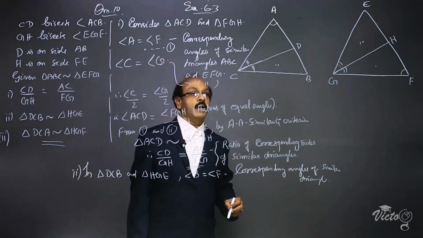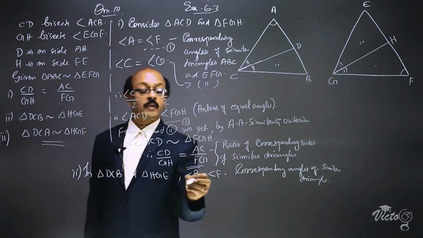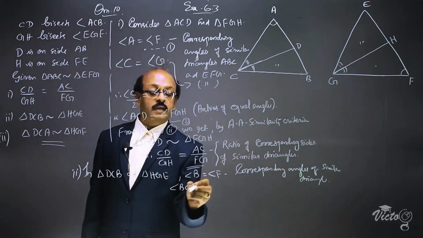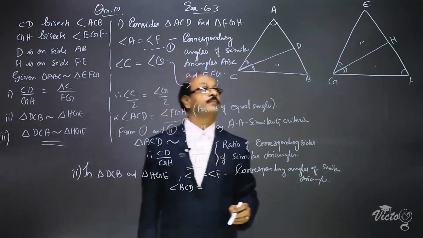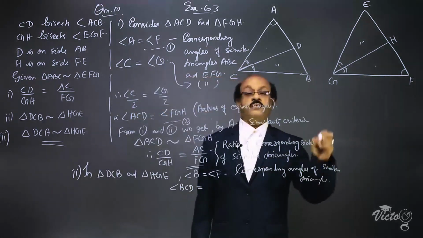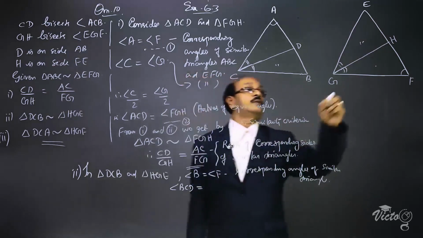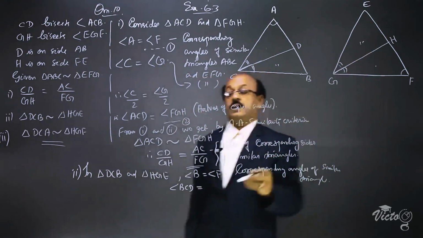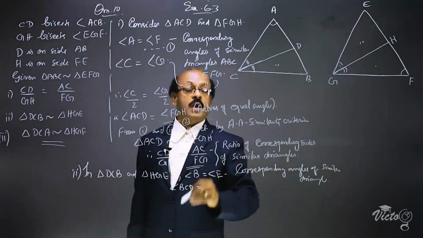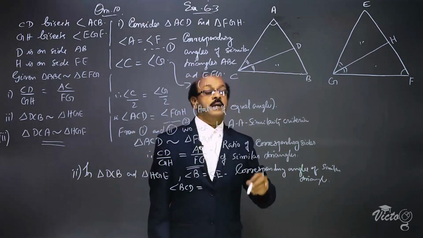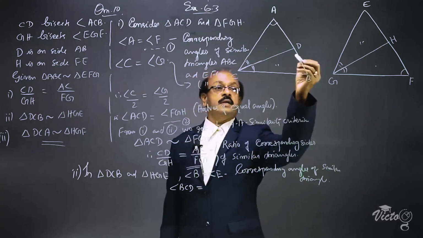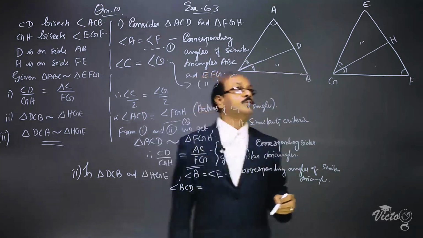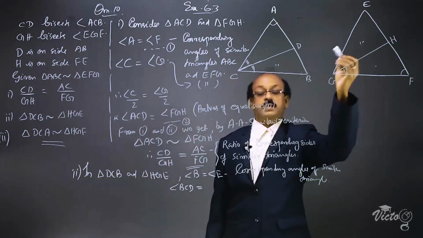Now, angle BCD is equal to angle HGE. Since we are considering triangle HGE, it is E, not F. Angle B is equal to angle E, corresponding angles of similar triangles, and angle BCD is this angle, equal to angle HGE.